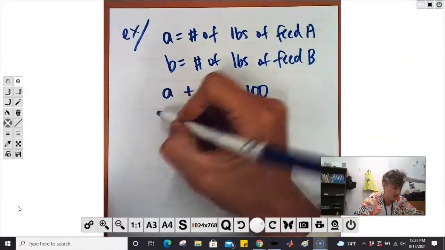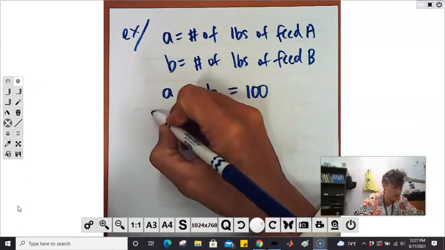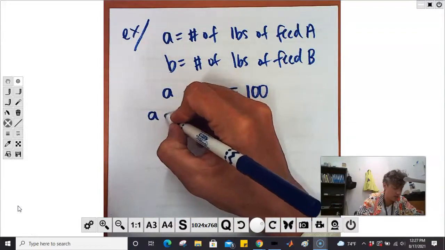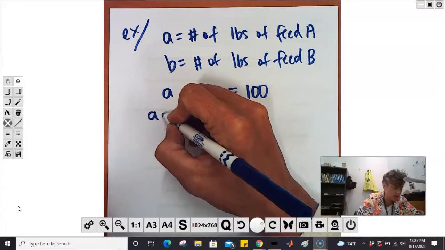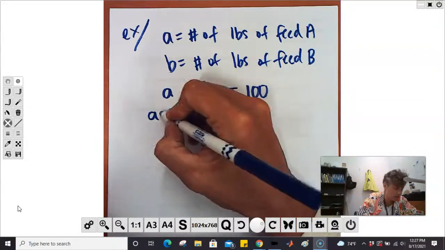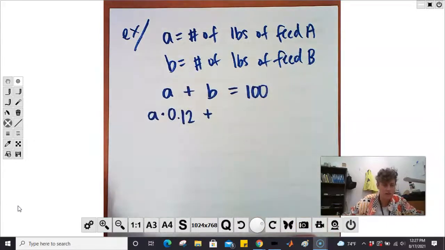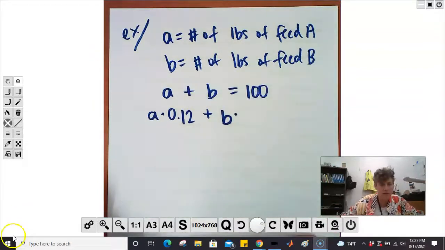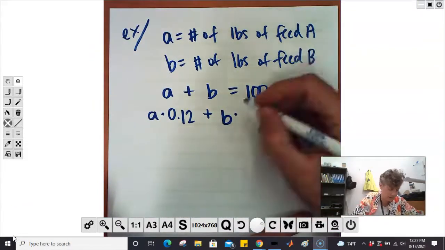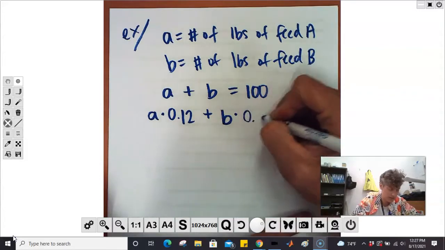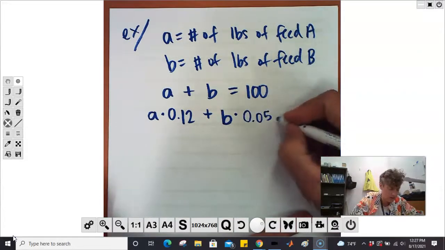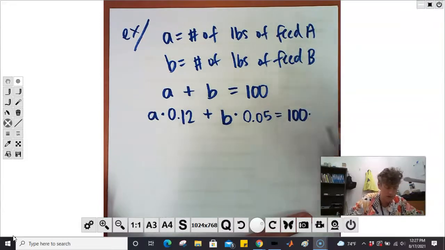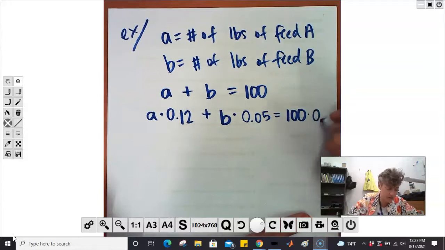So we have the number of pounds of feed A times 12%, which is 0.12, plus the number of pounds of feed B times 5%, which is 0.05, should equal the total number of pounds, 100, times the total percent, which is going to be 8%.